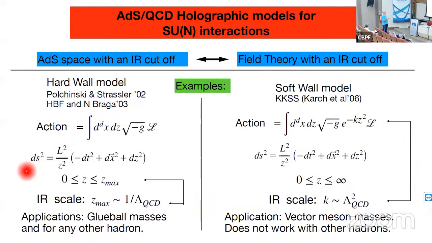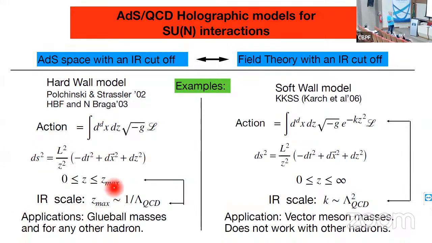This is, again, the AdS metric. The difference of the hard wall from the usual AdS is that the z coordinate, which usually runs from 0 to infinity, in an infinite space, is cut off: we introduce a scale called z maximum, which defines a size for this AdS space.